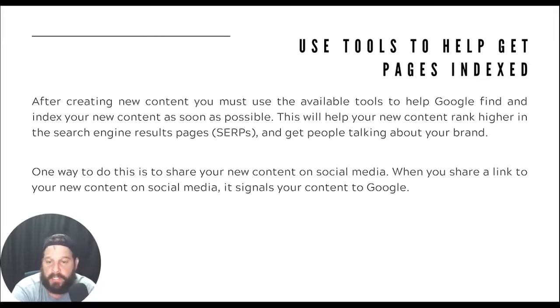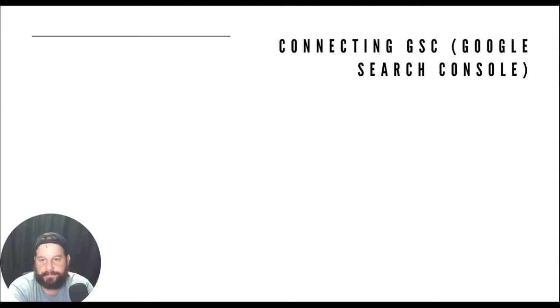And so the more it gets shared, the more it gets linked to, the better chances and the quicker it's going to get indexed by Google. So that's important. So use the tools that we have available, especially if you have an Instagram account or something like that and you create a new page, let your followers know that you created a new page, and that's going to help your site and your pages.